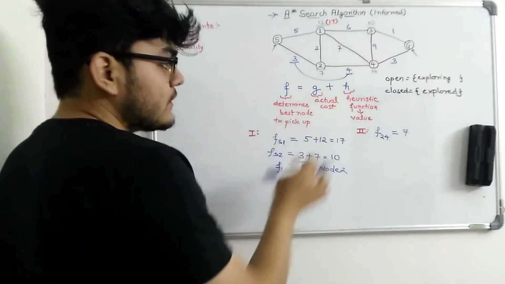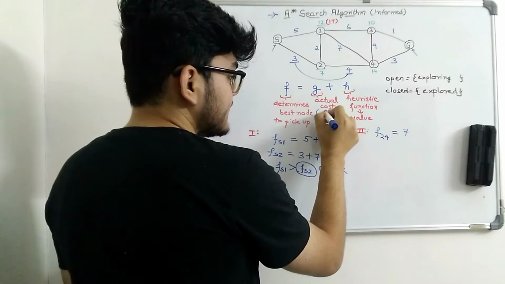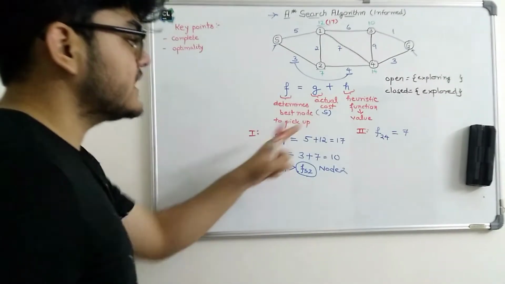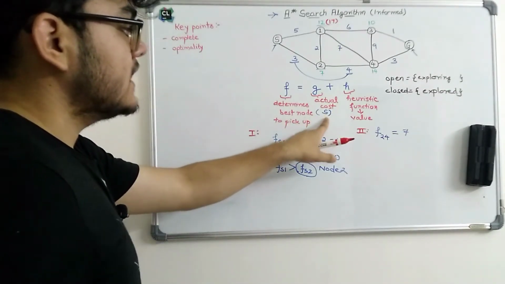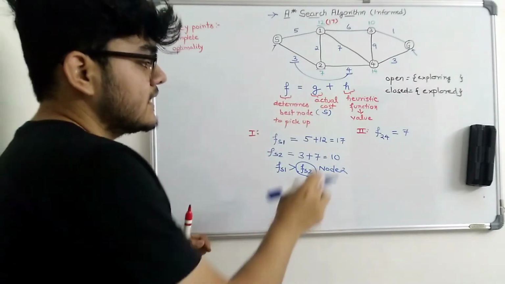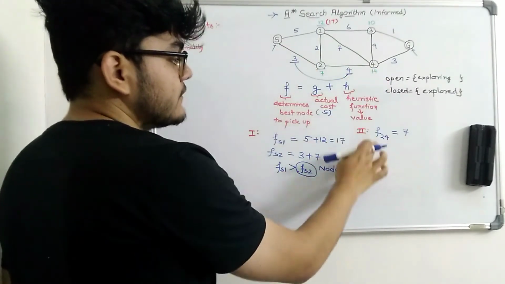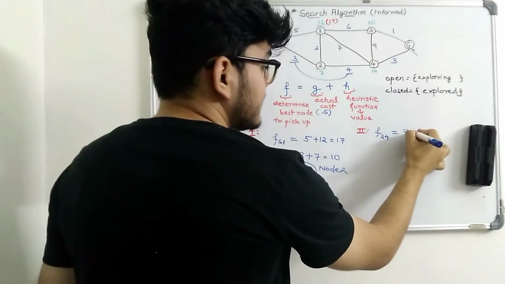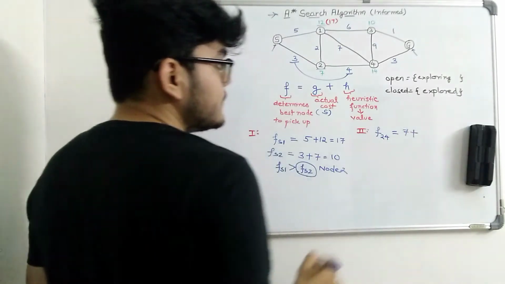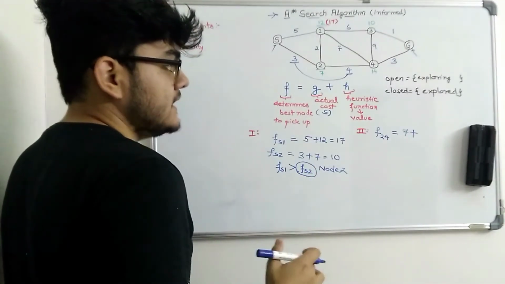So this actual cost is from the starting node, so I'm going to write here s, so that it will be clear to you that we have to calculate the cost from the starting node. So we have calculated 7 here. From the starting node to 4, it is 7. What is the heuristic value? Here you can see the heuristic value is 14.